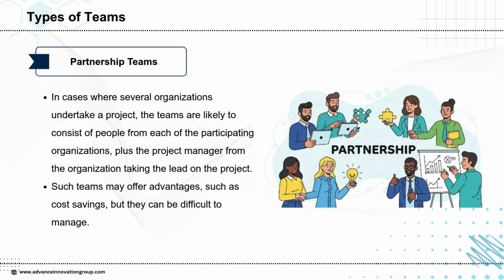By pooling resources, organizations can accomplish more than they might be able to do individually. However, these teams are often challenging to manage because they involve people from different organizations, each with its own culture, processes, and priorities. Therefore, managing communication, aligning objectives, and building trust become critical for the success of partnership teams.